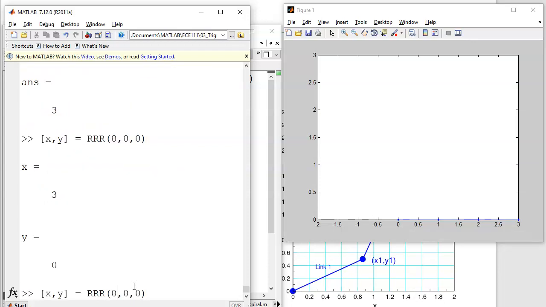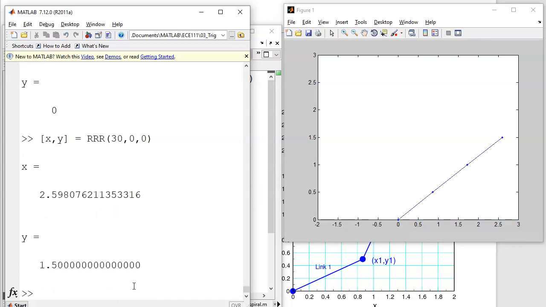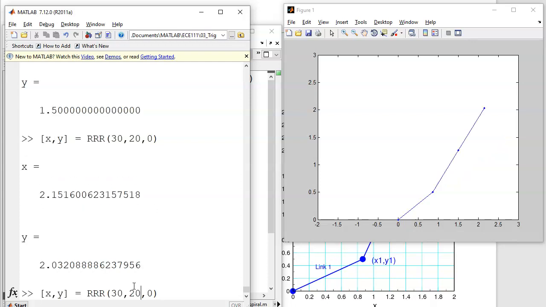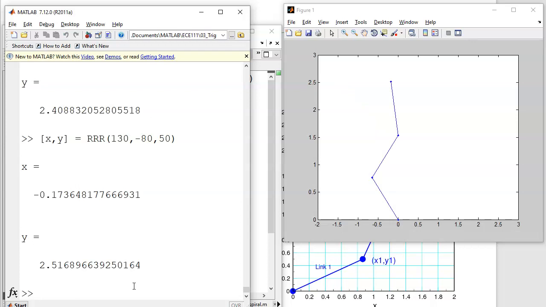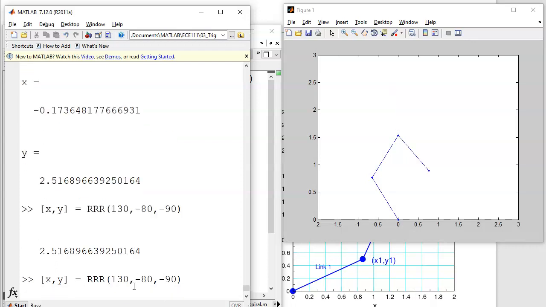If I say, let's make the first link 30 degrees, that's where it is. Make the second link 20 degrees, third link 50 degrees, there's your robot. Or let's make the first link 130 degrees, second link minus 40 degrees, third link minus 40 degrees, let's make it 50 further, minus 80 degrees, and the third link minus 90 degrees.